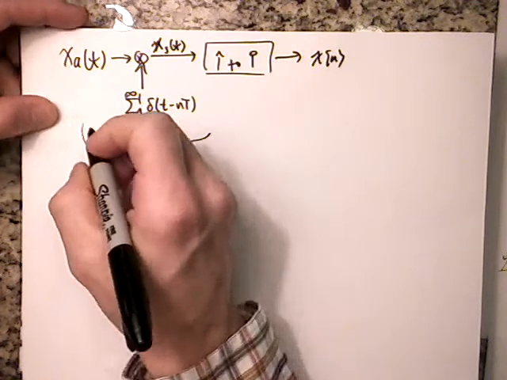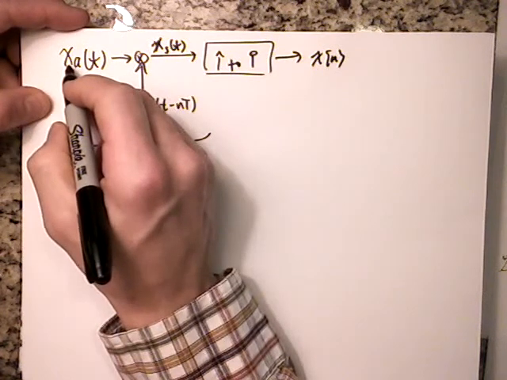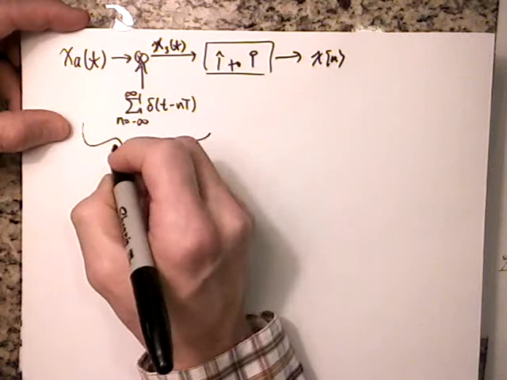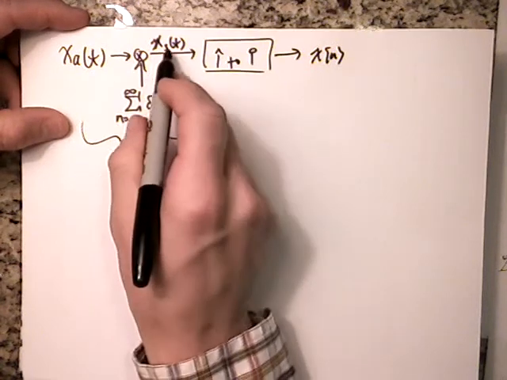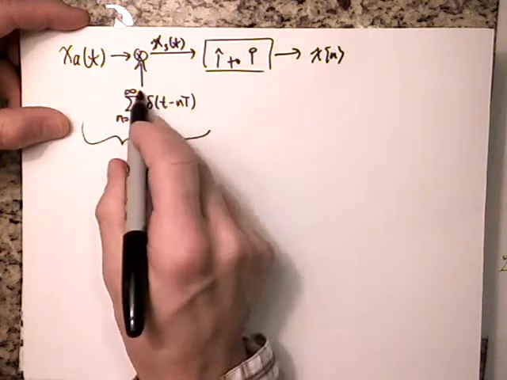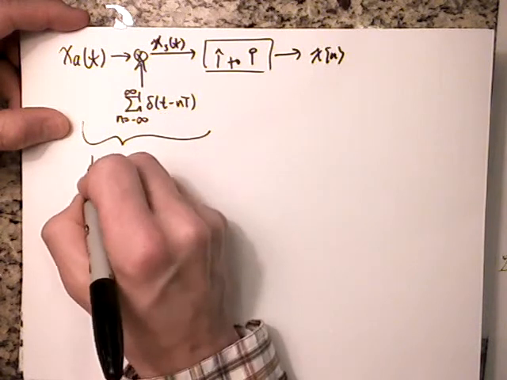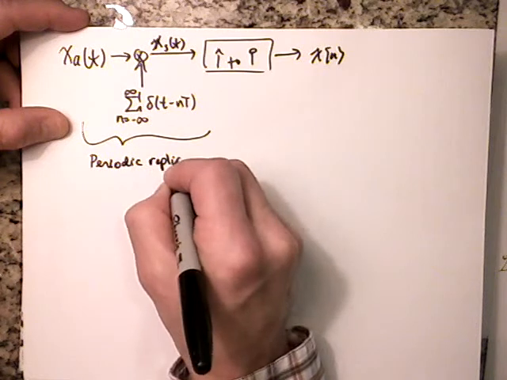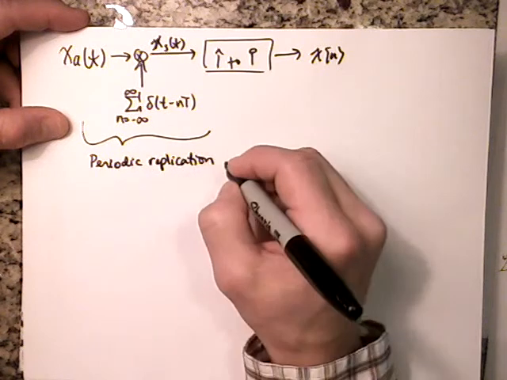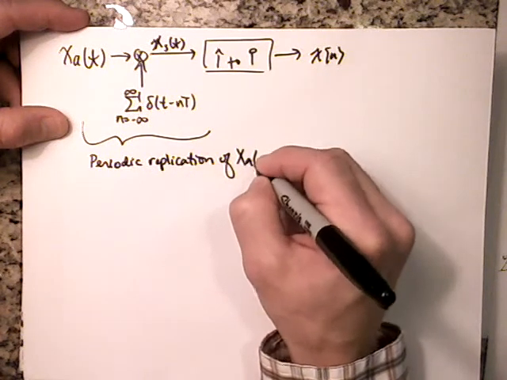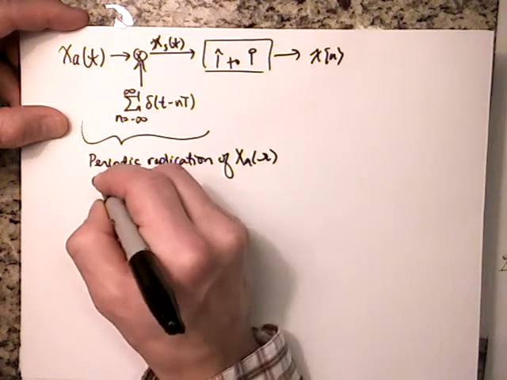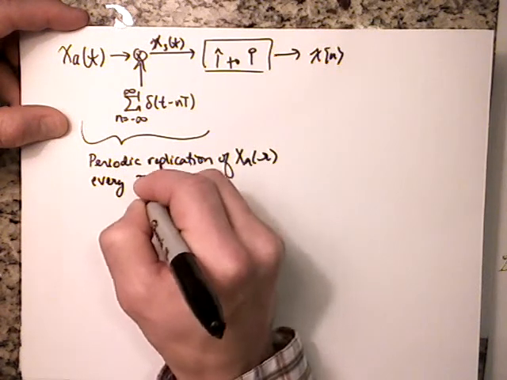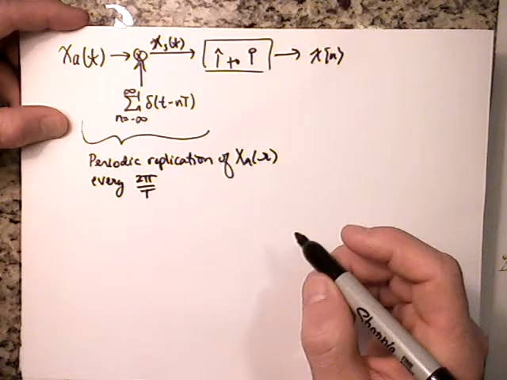The first component takes the original spectrum of xa of t. This part, the periodic impulse train sampling, gives rise to periodic replication of xa of omega every 2 pi over T.